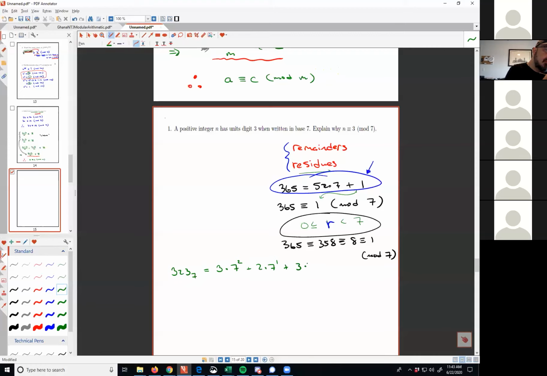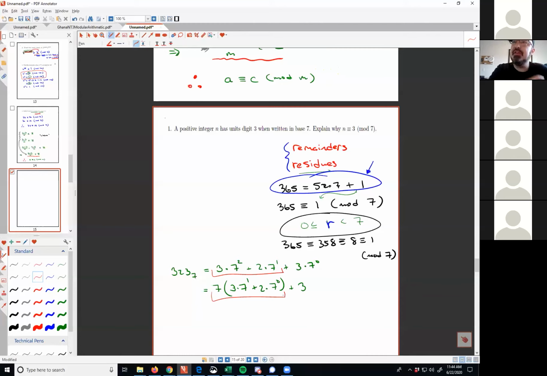Well, no matter what, 3 is going to multiply 7 to the power 0 and give you 1, so you're always going to be adding on 3. No matter how many times you divide it by 7, there'll be a 3 left over. I'm going to take everything to the left of the units digit and point out that that is a multiple of 7.